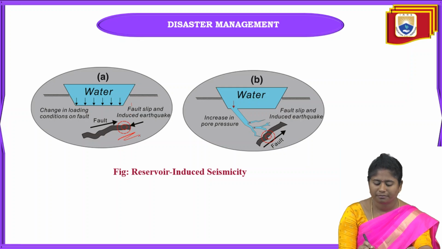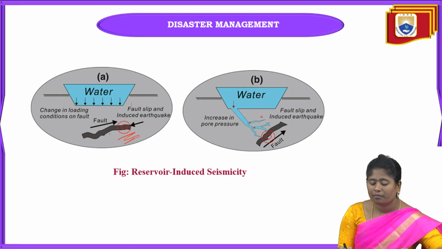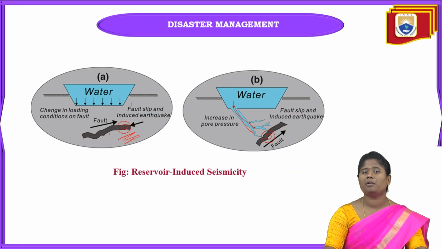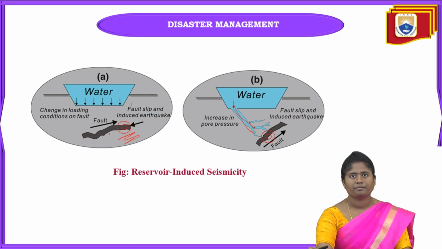See here, if this is your fault area and there is an increase in the pore pressure, that will lead to increased water pressure, which pushes on the fault line here. This fault slip automatically induces the earthquake.